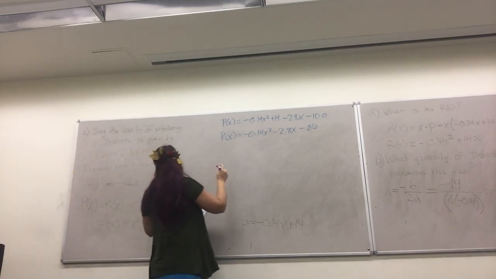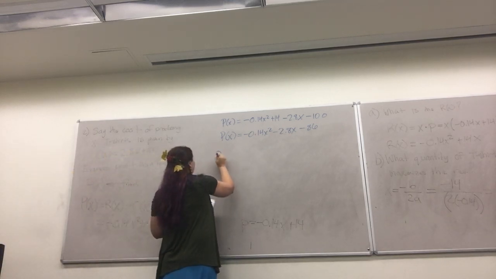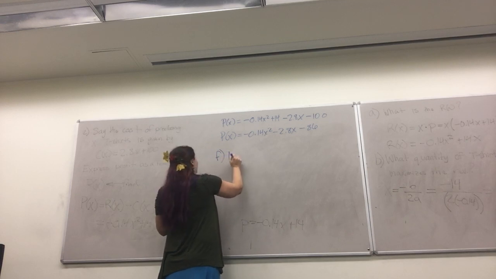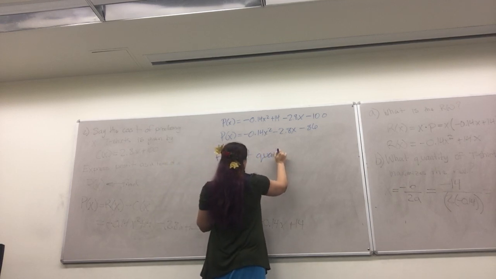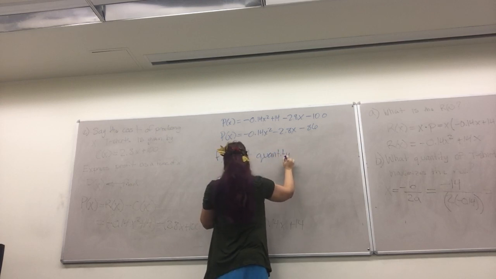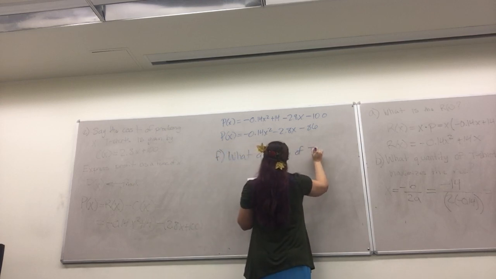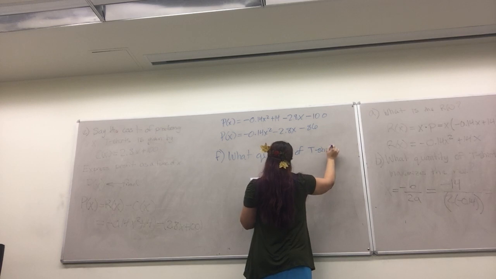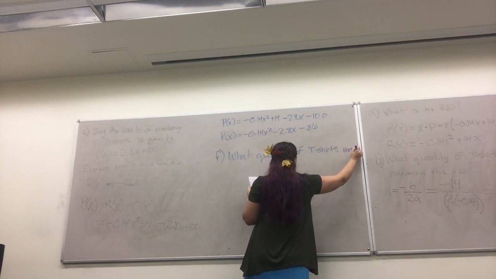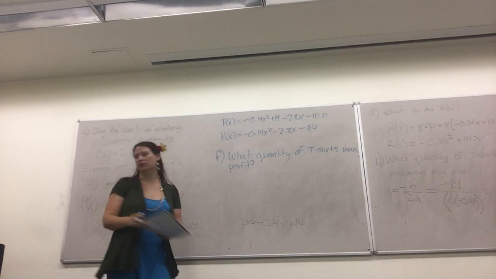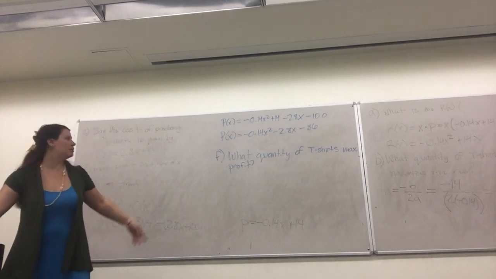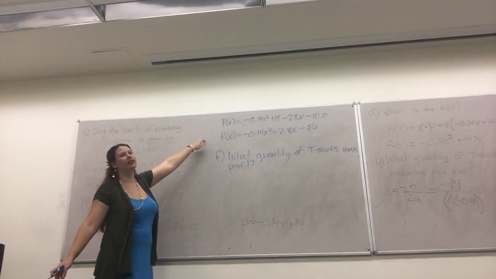So now, we're on F, right? What quantity of t-shirts maximizes profit? So, what type of equation is this?